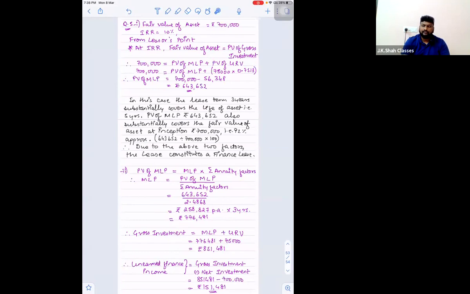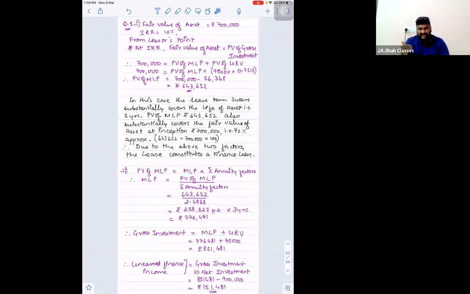I asked this because after writing the answer, I check if the fair value is equal to the gross investment, and depending on that I check if it's correct or not. See, when I first solved question number 3, I blindly went with the concept that at IRR fair value is equal to the present value of gross investment. I directly wrote the net investment as 40 lakhs and calculated the unearned finance income as 3 lakhs.